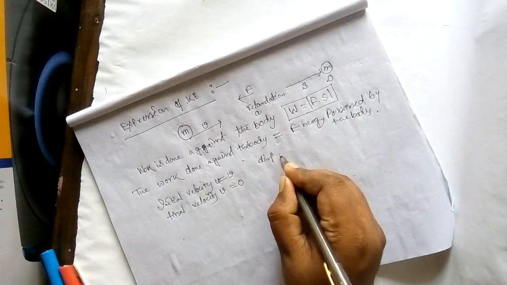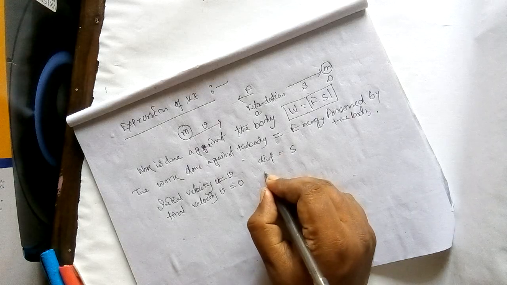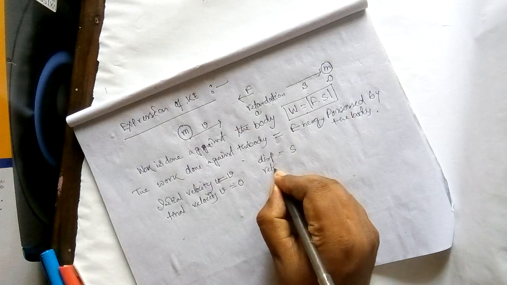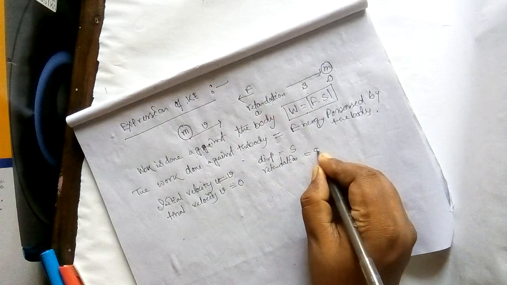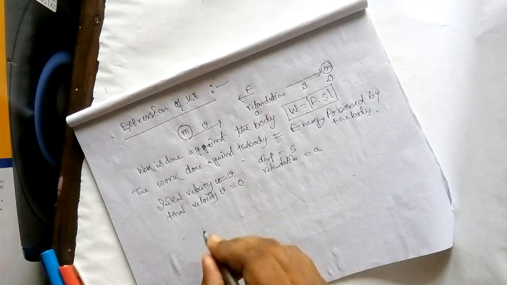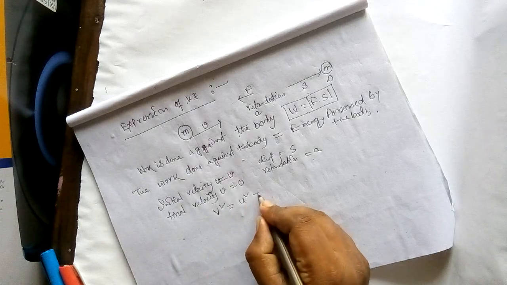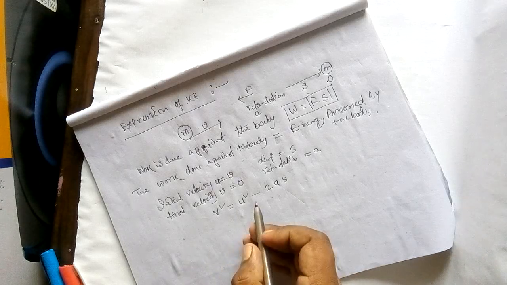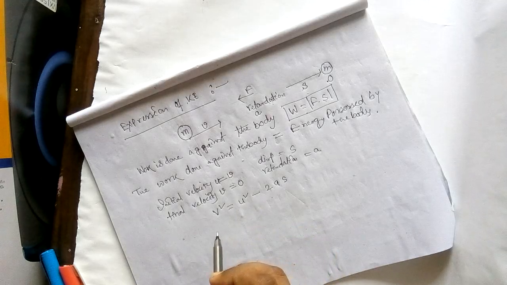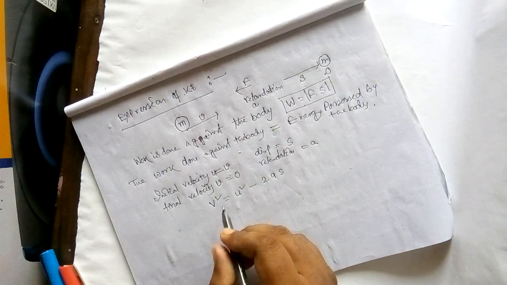Displacement is equal to s, and the retardation is equal to a. So we can use one equation, v squared equals u squared minus 2as. We have taken minus because it is a motion of retardation. That's why the minus sign has come.